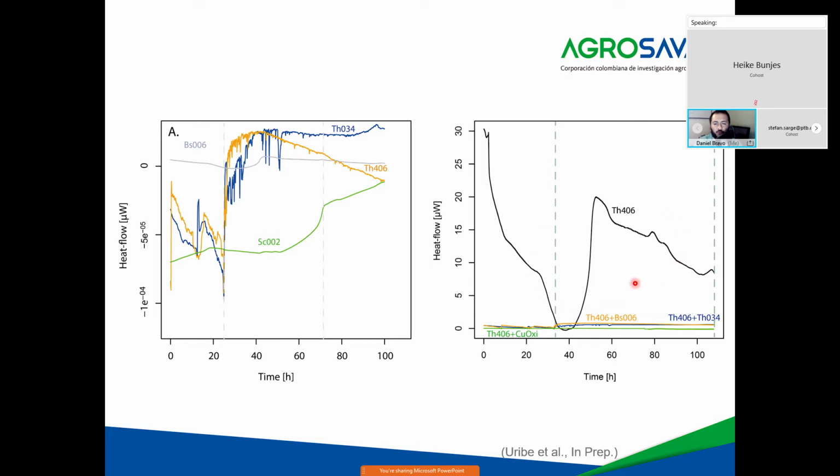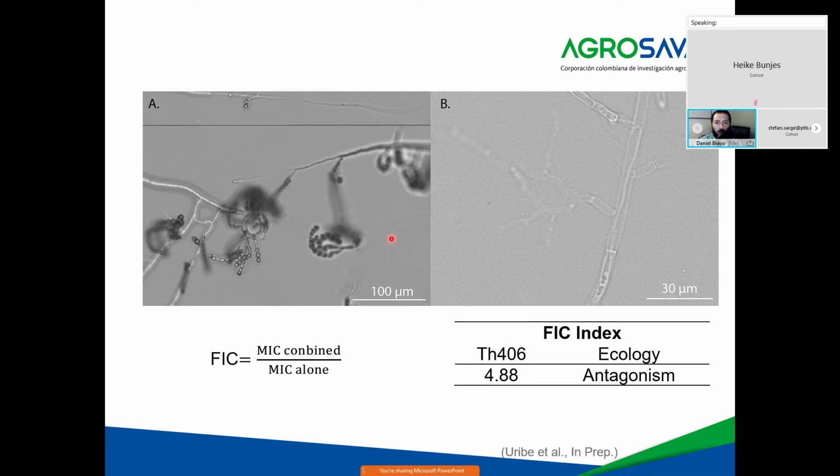And we took subsamples of the ampoules during this experiment, and we visualized that precisely, and we saw the destruction of the Scopulariopsis due to the Trichoderma spirillum.